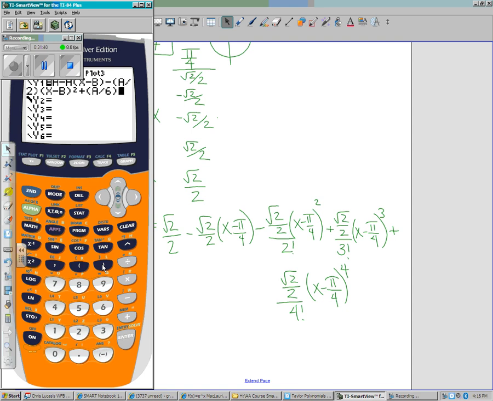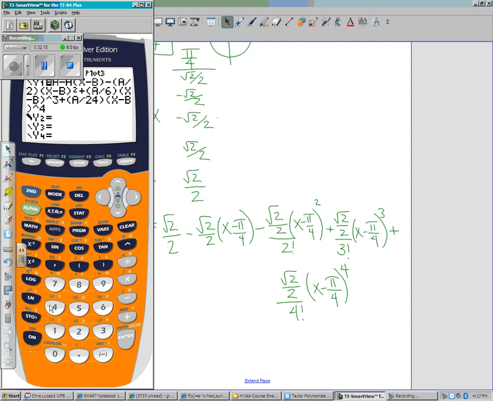A over 6 times x minus alpha B raised to the third, and then plus parentheses alpha A divided by 4 times 3 times 2 is 24, parentheses x minus alpha B raised to the fourth.